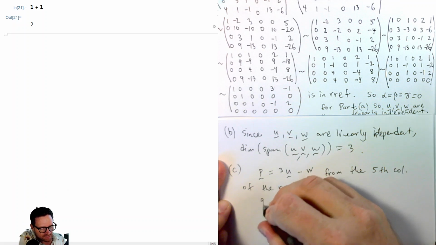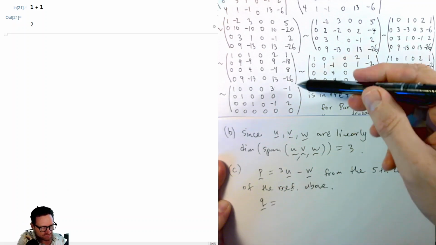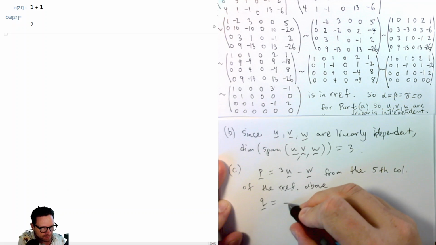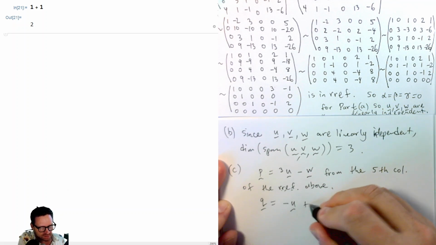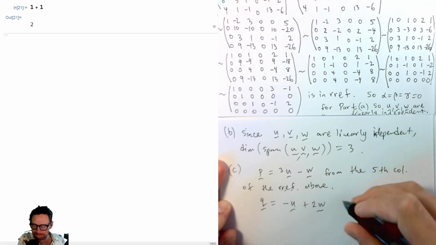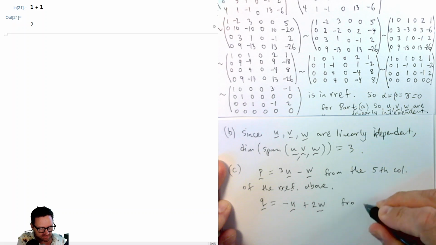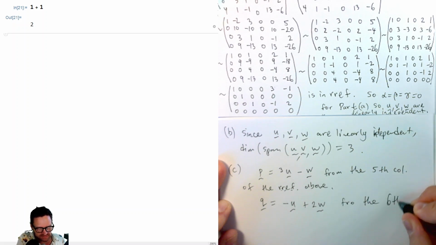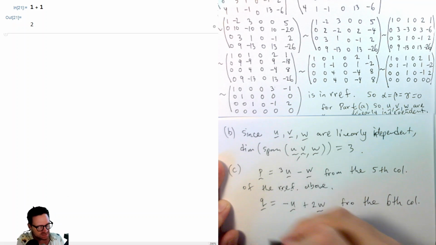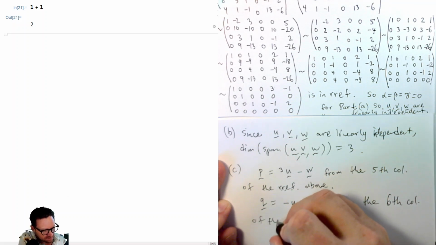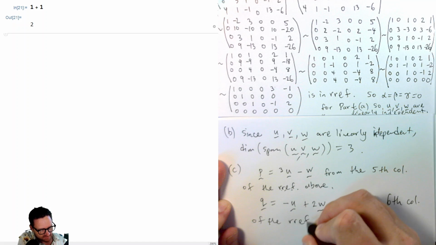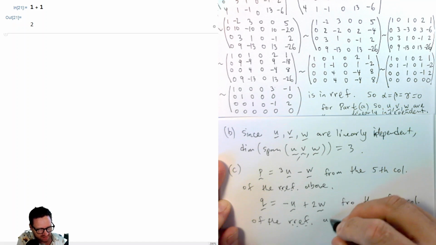Okay, also Q is equal to, from the sixth column, minus U plus 2W in the sixth column of the row reduced echelon form of the above matrix.